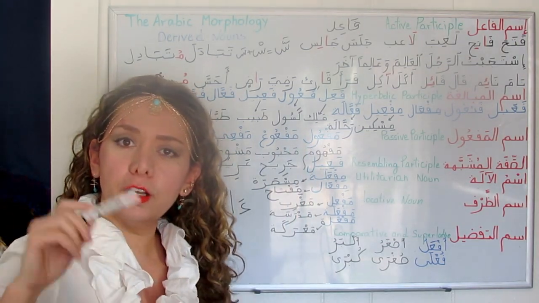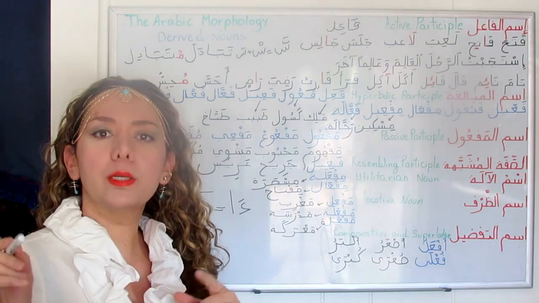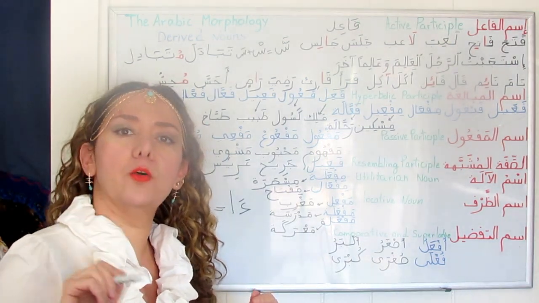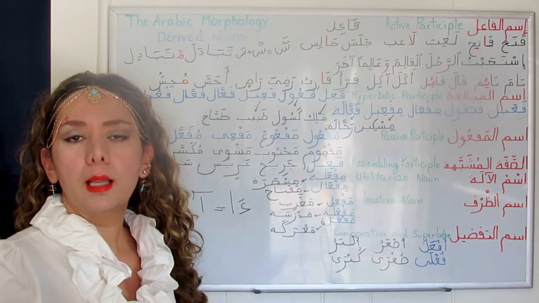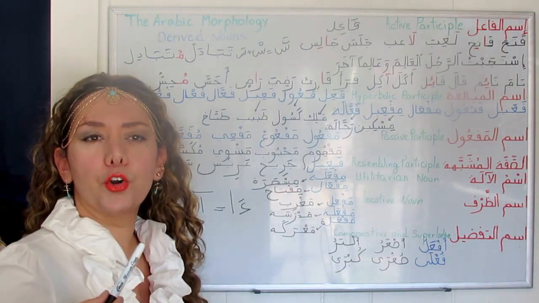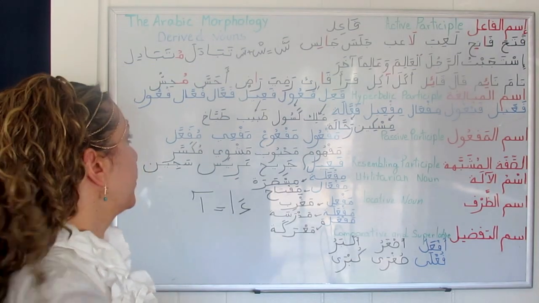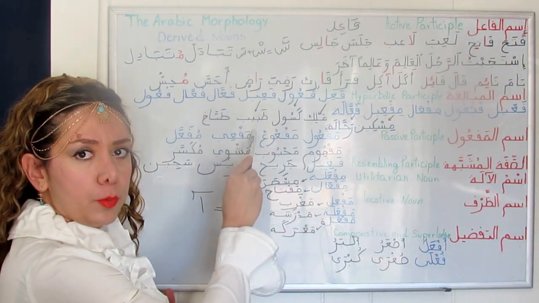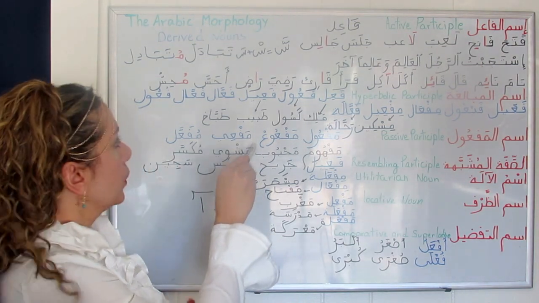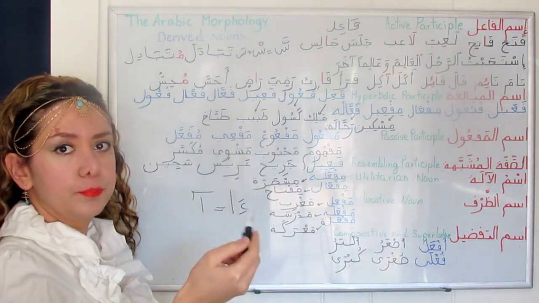It can even be feminine: كسول, كسولة, you add the ta of femininity. كسول means sluggish or lazy. فعيل, طبيب, this is a profession, doctor. Or فعيلة, طبيبة, feminine.